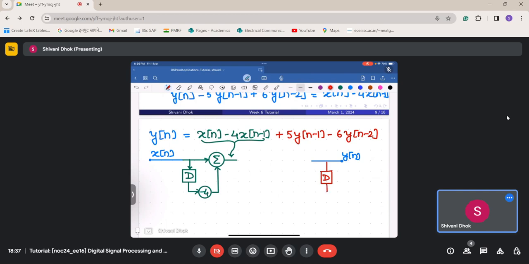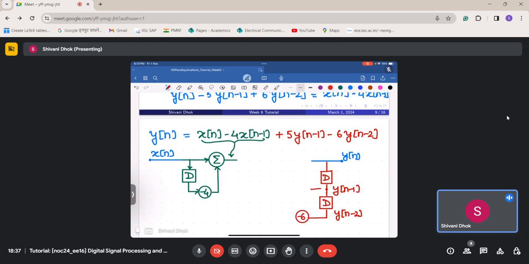So this will give me y of n minus 1, and then again pass it through a delay of 1 unit. So this will give me y of n minus 2, and this y of n minus 2 gets multiplied by a factor of minus 6.